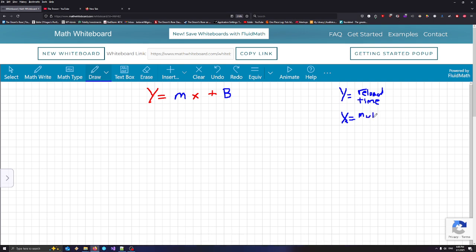Mult speed. Now we actually have the values that we solved for this before. So we know that our equation that we want to use for our linear equation for reload time and multiplication speed, or speed multiplier, is, let's see, what were the values?